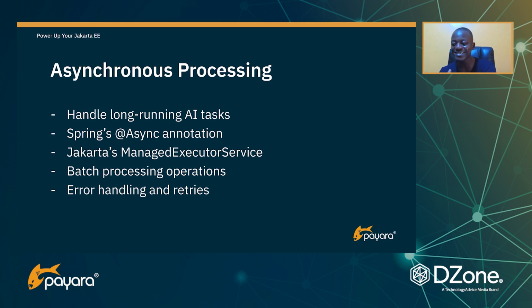Now, both Jakarta EE and Spring have already solved this problem for you. In the Spring world, you can use the async annotation to pretty much create asynchronous methods. These are methods that will run in different threads from the original calling thread.